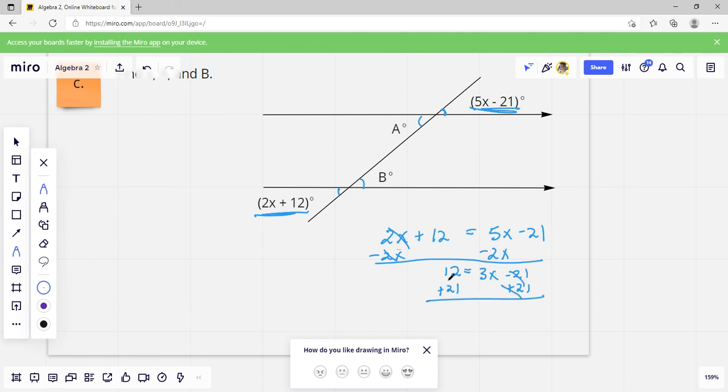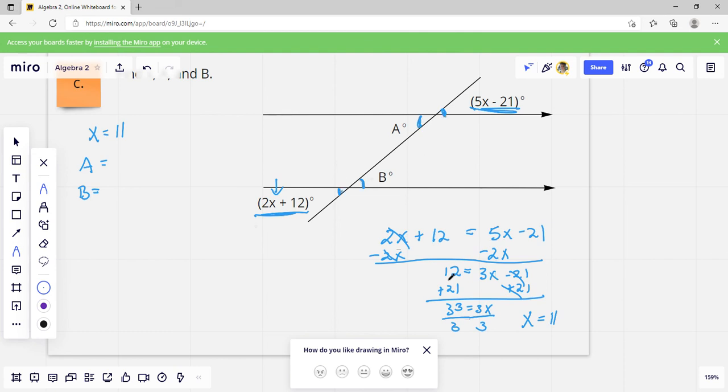I'm going to get 33. Now I'm going to divide by 3. I'm going to get x equals 11. So x equals 11. Then I need A equals and B equals. Okay, so if x equals 11, all I have to do is solve either one of these equations because these are all small angles, so they're all going to be the same measure.